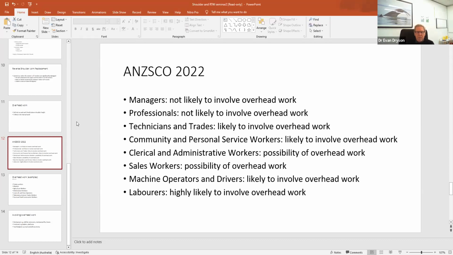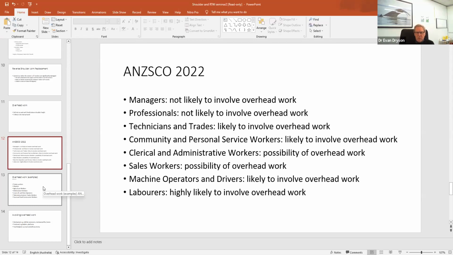And there are these various groups: managers, professionals, technicians and trades, community and personal service workers, clerical and administrative workers, sales workers, machine operators and drivers, and at the bottom of the list is the labourers. So if you think about it, managers are not generally going to be doing any overhead work. Professionals likewise are not likely to be doing any overhead work.